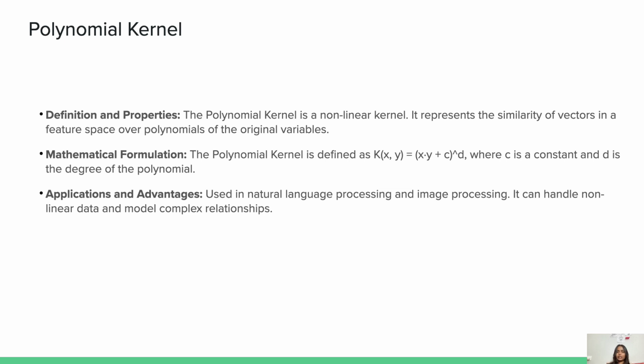The mathematical formulation: the polynomial kernel is defined as k(x, y) equals (x·y plus c) to the power d, where c is a constant and d is the degree of the polynomial. Applications and advantages. Used in natural language processing and image processing, it can handle non-linear data and model complex relationships.